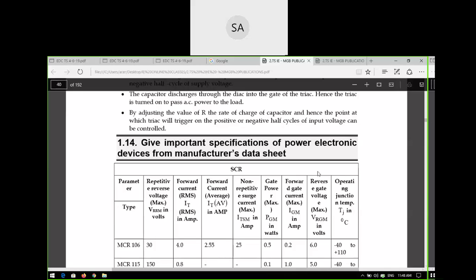Then you have relay controls, power controls, phase control circuits, display boards, converters, cycloconverters, and choppers. Okay, these are some examples and applications of power electronic devices.